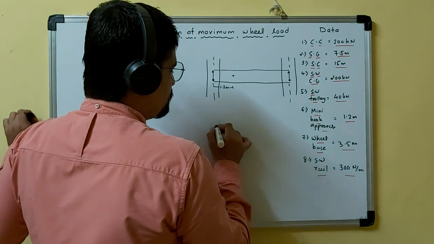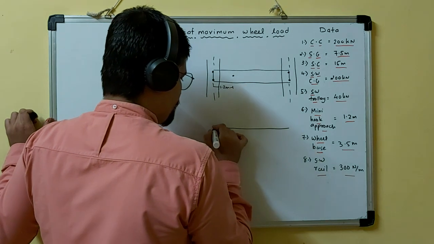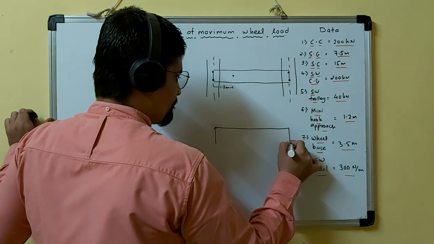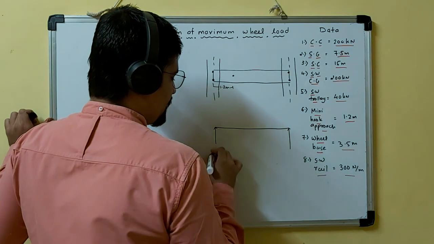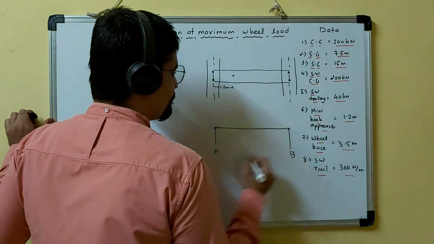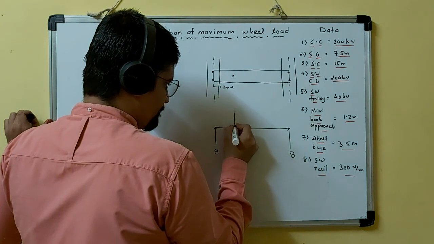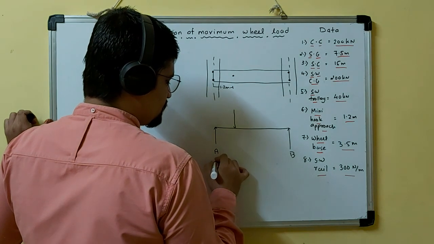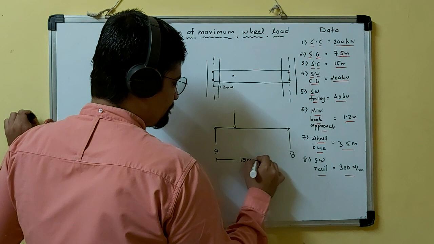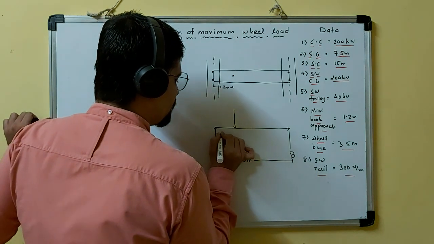let's assume that this is one type of beam. I name it A and B, and this is the hook, so I'll make it a pointer here. This is the span of the crane girder, so it is 15 meter, and this is 1.2 meter.